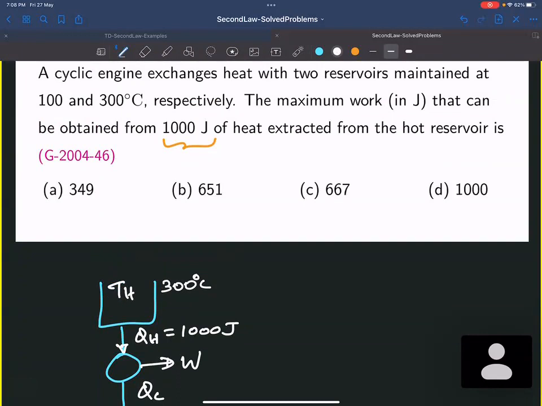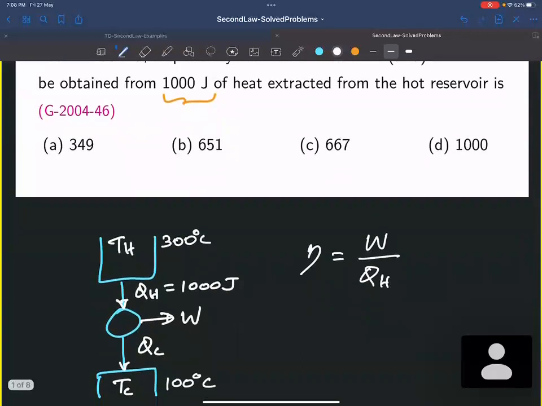The general definition for the efficiency of a heat engine is simply W by QH, which is the work obtained for the amount of heat supplied QH. From the amount of QH, how much is converted into work? This is the formula of efficiency, which gives a fraction.